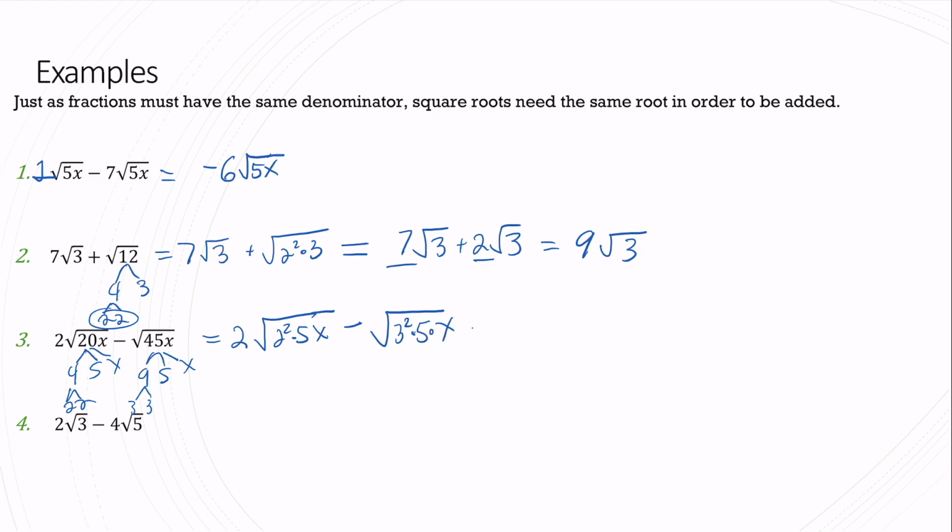That becomes 2 times 2, because this 2 gets to come outside, square root of 5x minus 3 square root of 5x. That is 4 root 5x minus 3 root 5x. So I'm left with just root 5x, right?